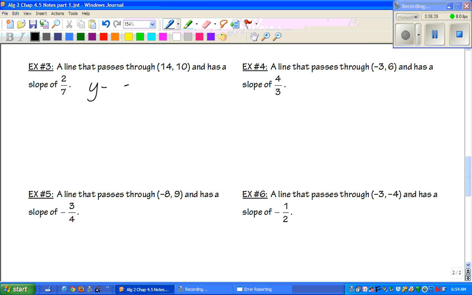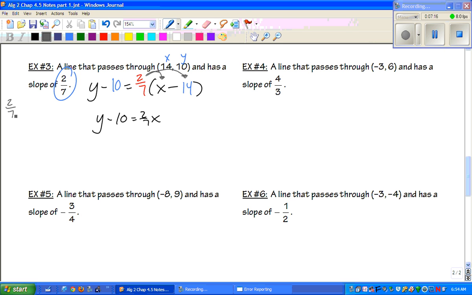So, y minus your y equals the slope times x minus your x. The y where the y goes, the x where the x goes, and then the slope. Now, when we distribute here, some of you might know how to do this right away. Others might be like, I don't want to multiply fractions. Well, doing the slope part's easy because it's just 2 over 7x.